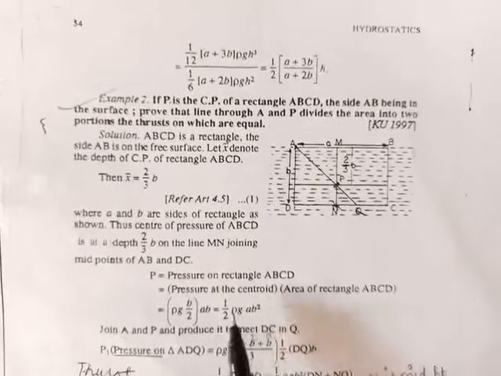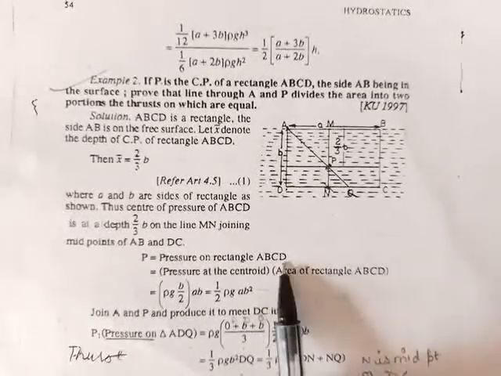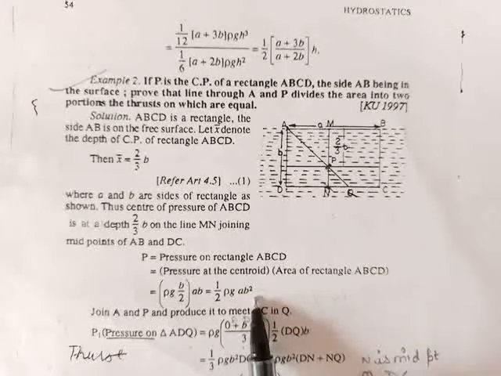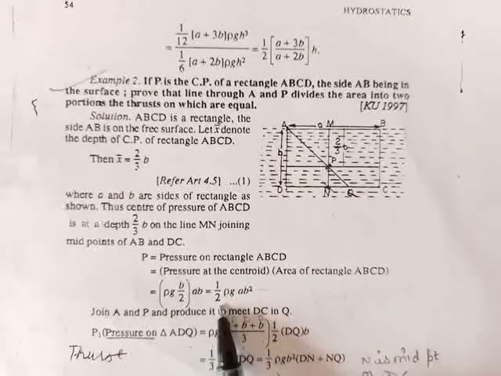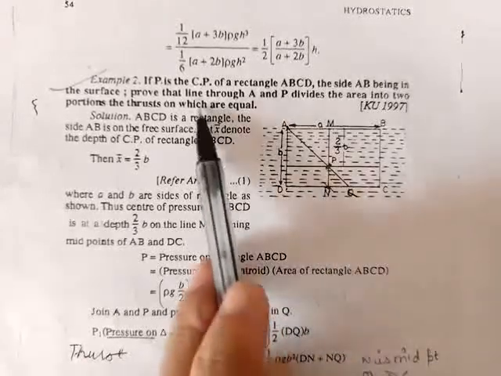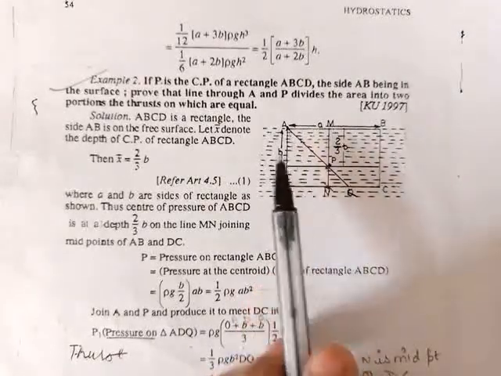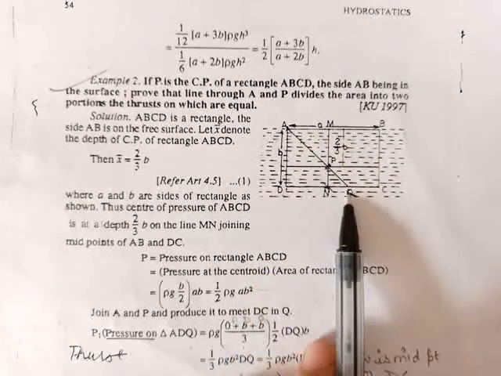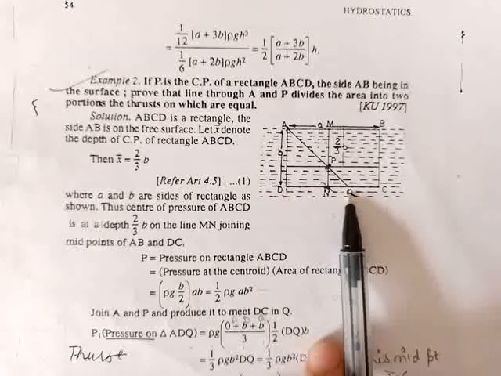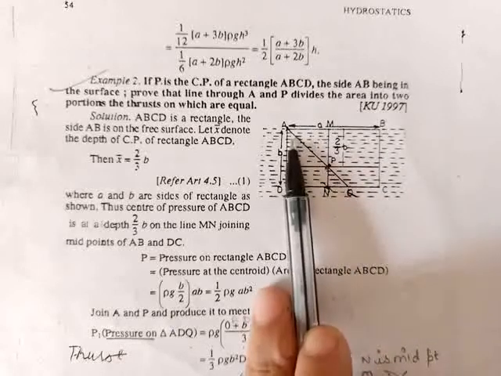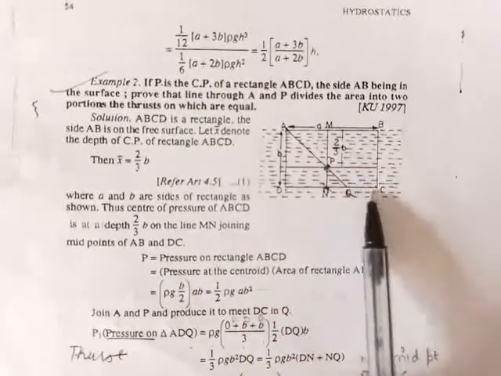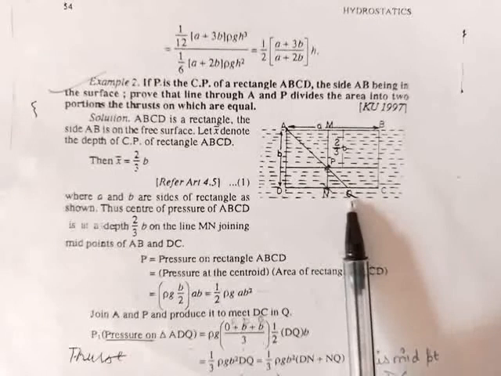So we have obtained the thrust on the rectangle ABCD, which is rho g ab squared by 2. Now we are given a line passing through A and P, which divides this rectangle into two areas. We have to prove that the thrust on this triangular area and this area ABCQ is the same.